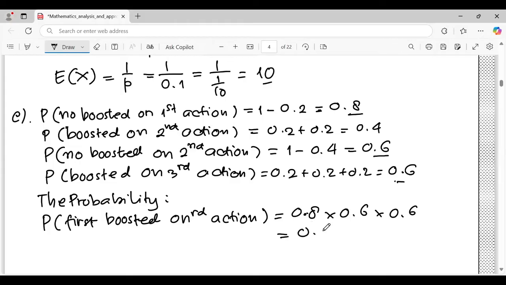The result is 0.288, this one. That is part E.